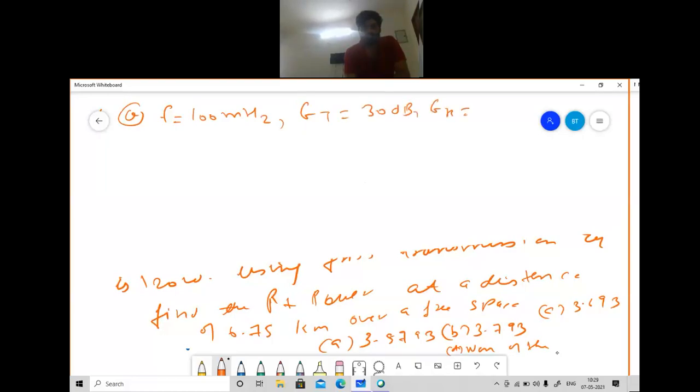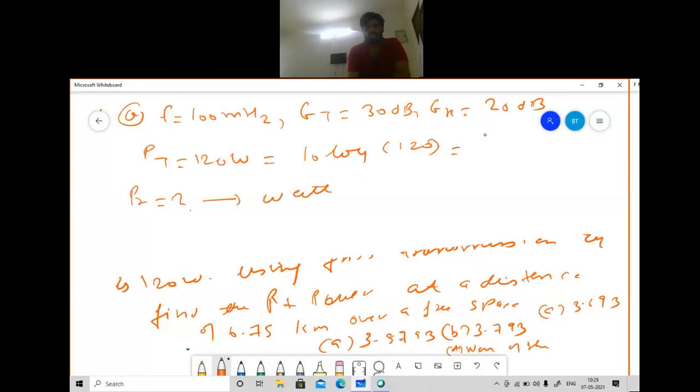Gain received was given as 20 dB. Power transmitted is 120 watt. You have to convert it into dB, so take 10 log 120, and you will get some value. Now you have to calculate the power received, and after that convert it into watt to get the answer. The unit is watt.